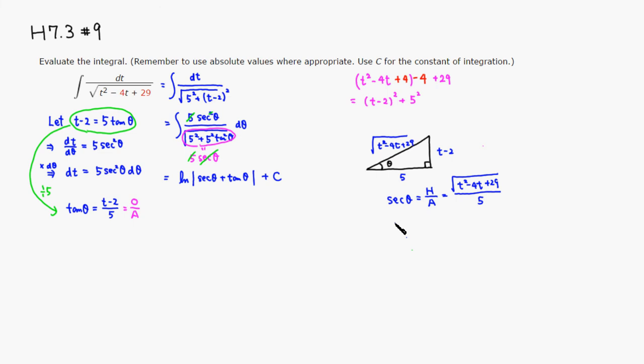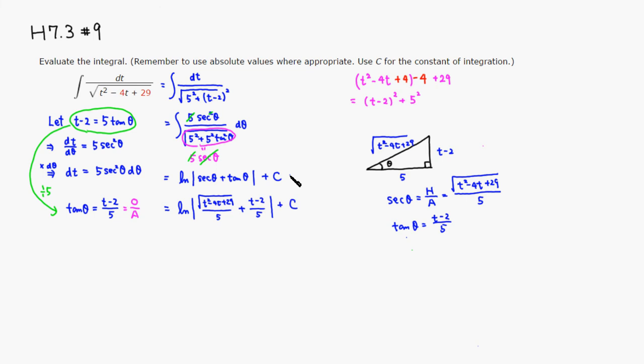And the tangent of theta, which you already know, is (t minus 2) over 5. So this is going to be the natural log of the absolute value of the square root of t squared minus 4t plus 29, over 5, plus (t minus 2) over 5.